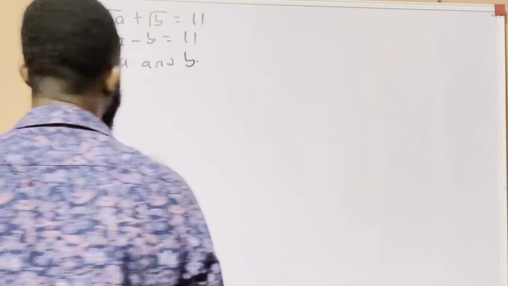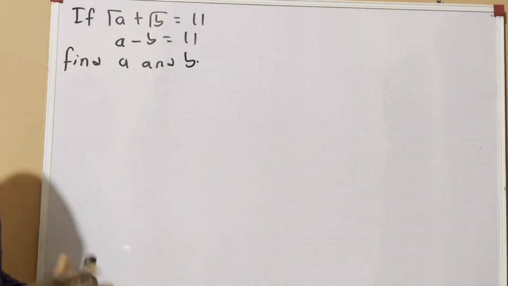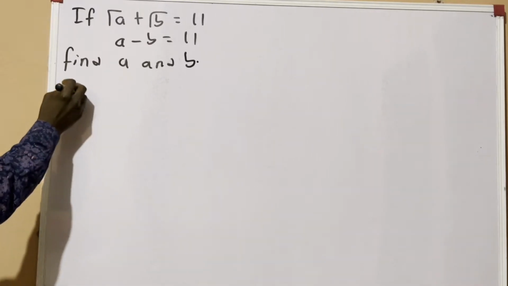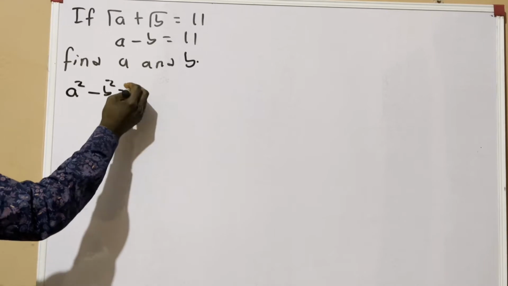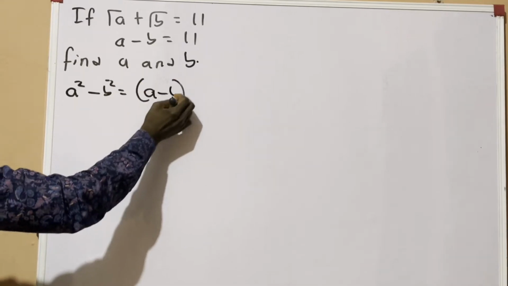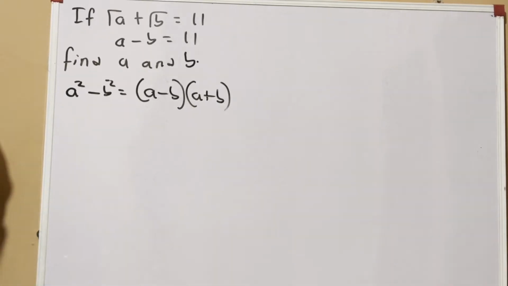Okay, let's begin our class for today. In the case of this question, we are going to be using the formula which says a squared minus b squared is equal to a minus b times a plus b, the difference of two squares.